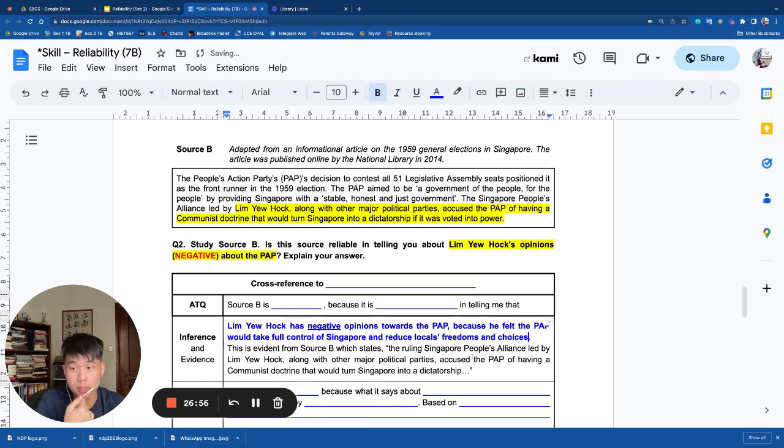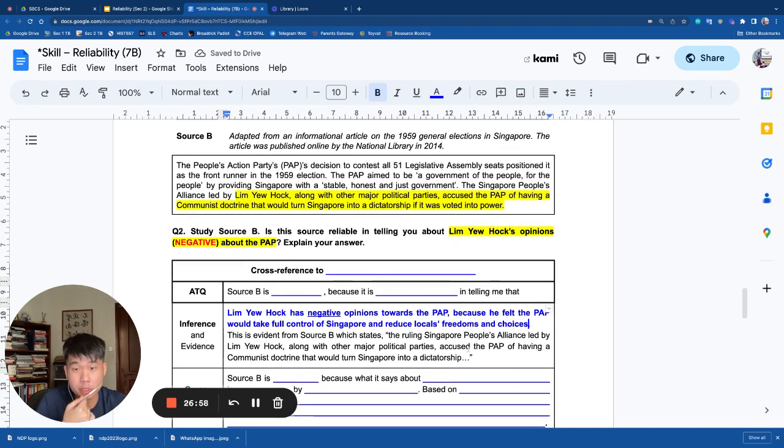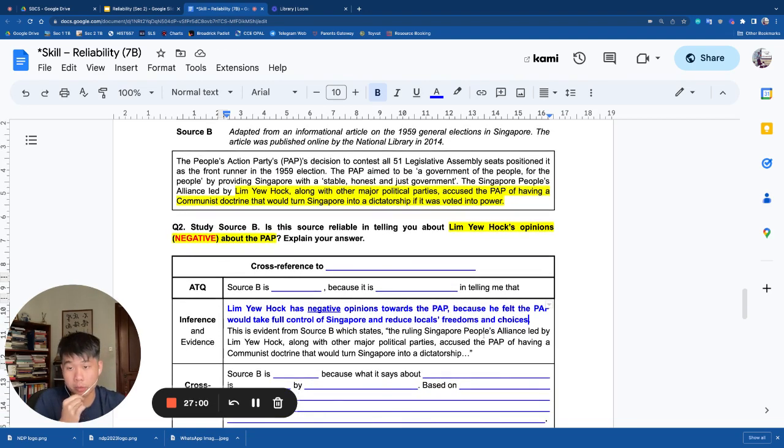That's what a dictatorship means, having no choice and having no freedom. Okay, good. So we have the inference. And of course, you could have a choice whether or not you want to use contextual knowledge or another source. But for question 2, it so happens that there's one particular source in this set that aligns perfectly to this.